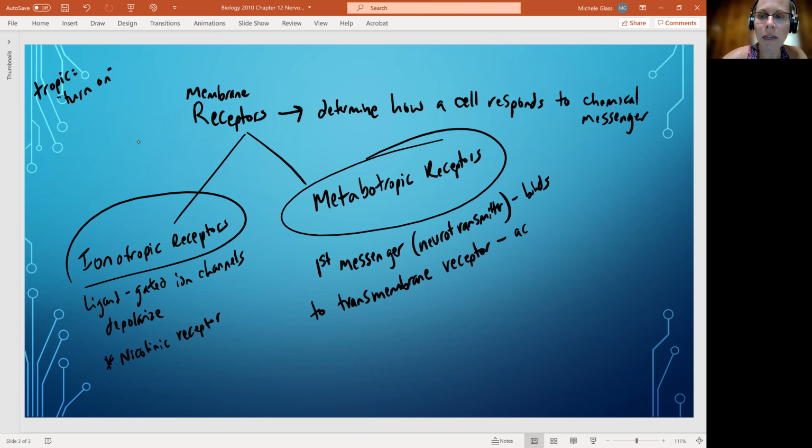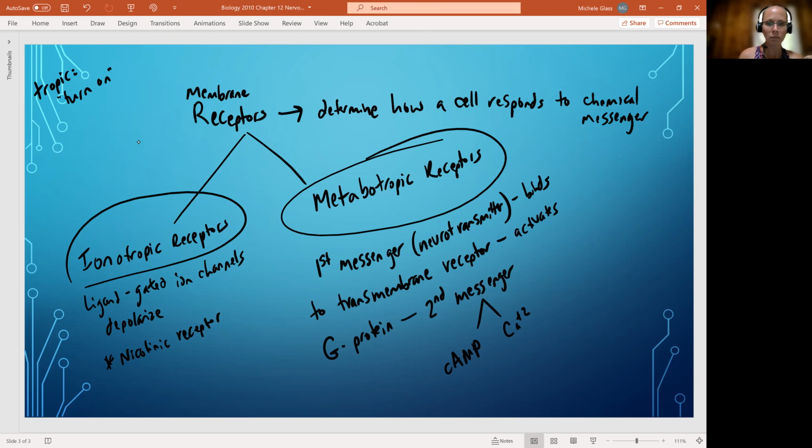This activates what we call a G protein, which in turn activates a second messenger. And the second messenger is usually either a cyclic AMP, which we abbreviate lowercase cAMP. This is adenosine monophosphate, but it's circular instead of linear. Or very often our second messengers will be calcium.